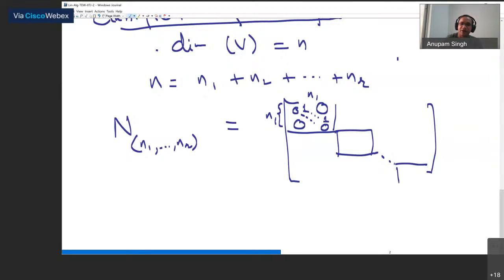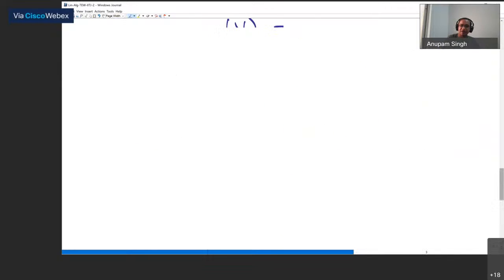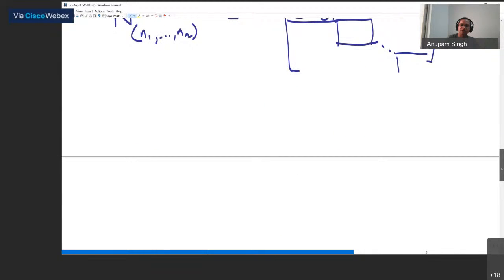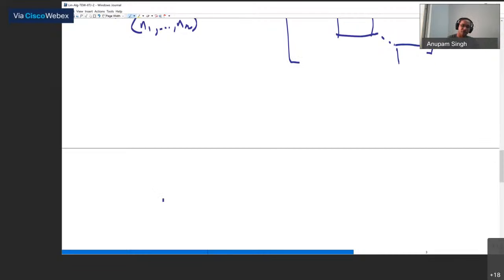Usually when we write a partition, we write it like n1 greater than or equal to n2 greater than or equal to and so on, greater than or equal to nr, which is greater than 0. Right? So this is how we write a partition. And if you are trying to understand unipotent, any unipotent will also be classified by a partition, where on the diagonal, instead of 0, 0, 0, it will be 1.